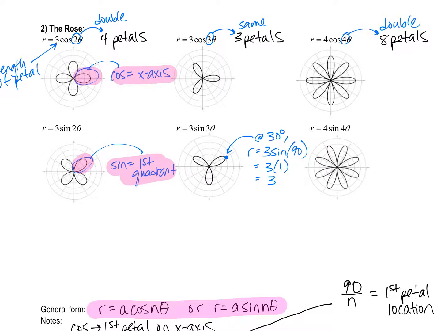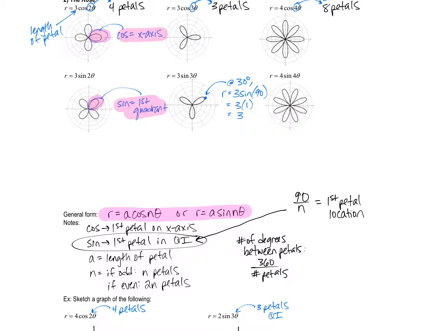The only other thing that we talked about, I'm going to zoom out a little bit here for a second, is how do you figure out where all the rest of your petals go? For example, for this one, you got your first petal at 30 degrees, but how do you figure out where to put your next ones? Well, out of the entire circle of 360 degrees, if you know you have 3 petals, you divide by 3 and you get 120 degrees in between each petal.